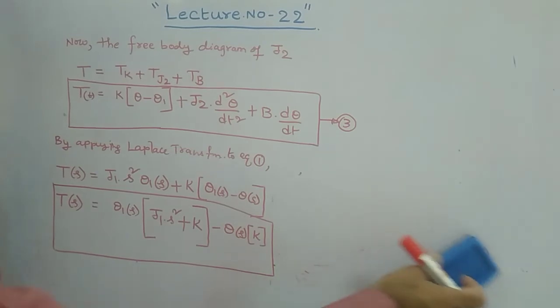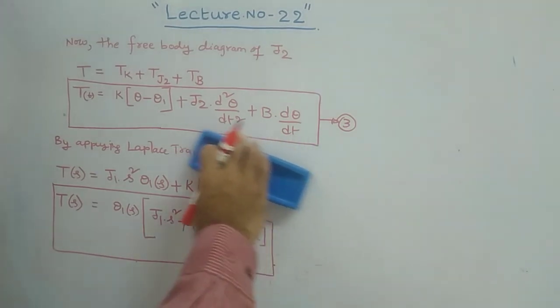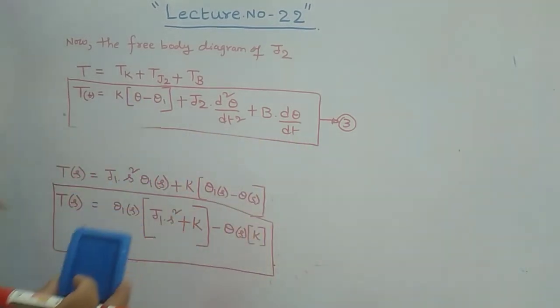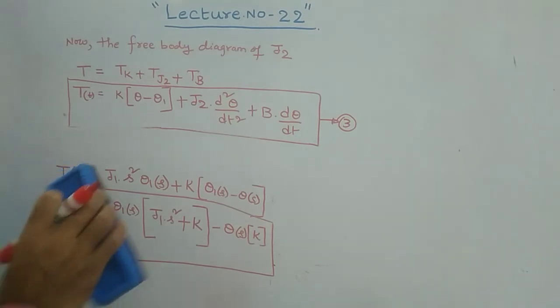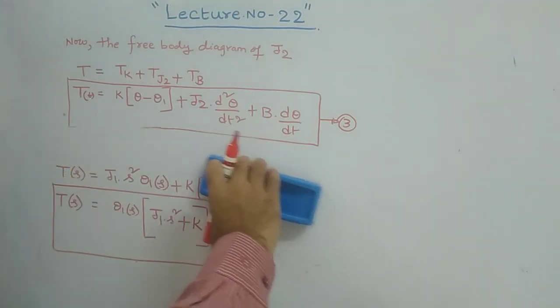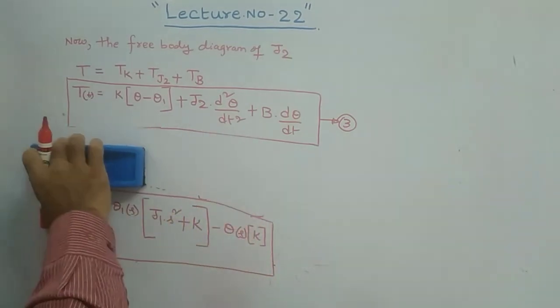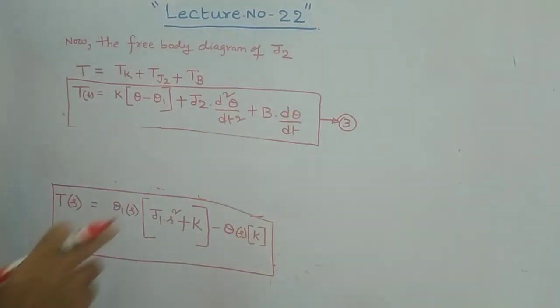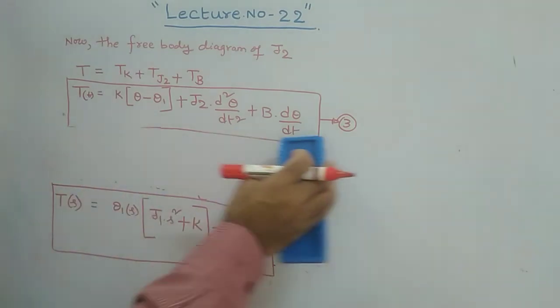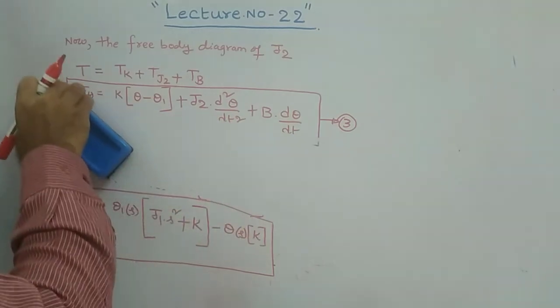After application of the Laplace transformation, we will substitute that in this equation. Now this I will also remove, it is not required. My interest of equation is this one only.